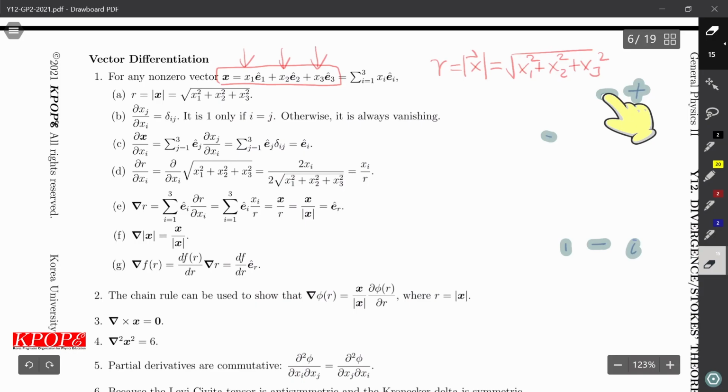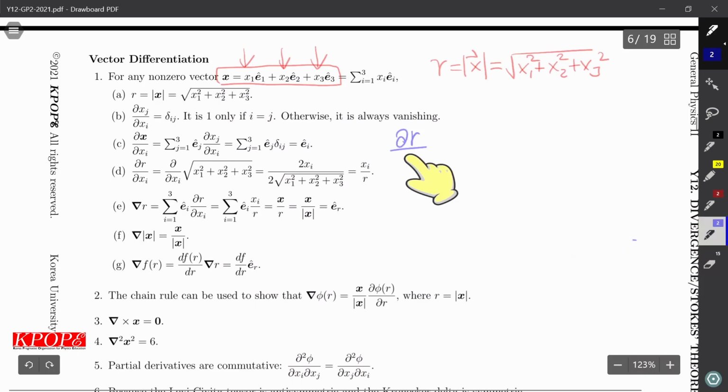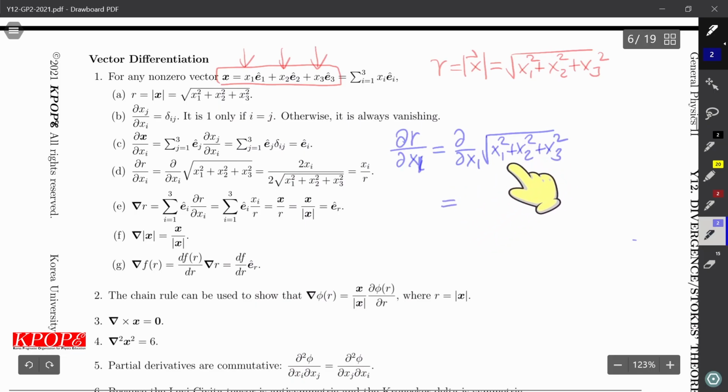Next, the derivative of r with respect to xi, for example x1. We use the chain rule: square root to square root.